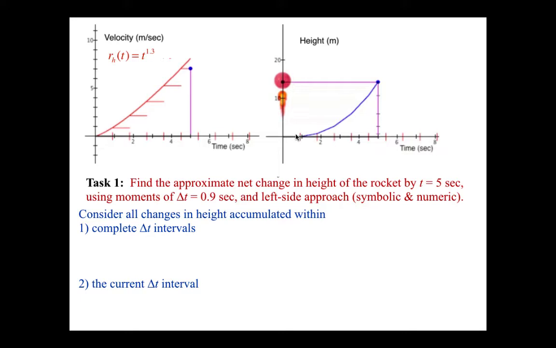So between 0 and 0.9, my height should actually be not staying at 0. My height should be going up a little bit. So this is all an underestimate of the actual accumulated height during this interval, because all of these approximate rates that we're using are only exact at their left endpoint, and then they're underestimates all the rest of the way. So we're underestimating the height achieved by this basketball.